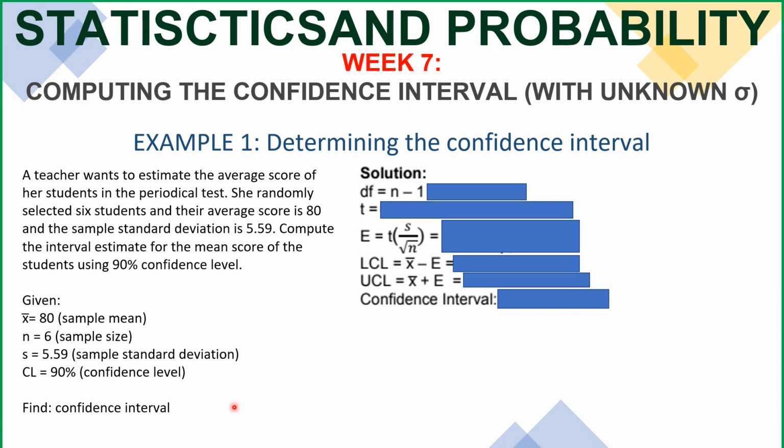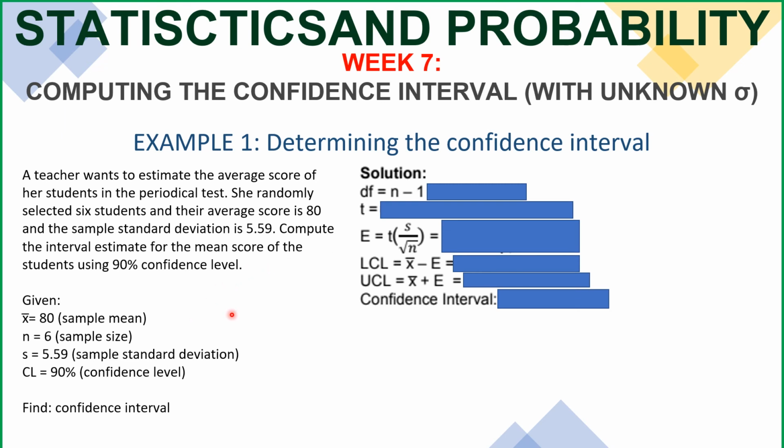So we're going to find the confidence interval. Before we find the confidence interval, let us first find the degree of freedom na gagamitin natin sa pagkuha ng t-score natin. Kasi sa margin of error, sa formula natin, may letter t tayo dito. Meaning, need natin yung t-score. Kung given siya dito, no need to get the degree of freedom.